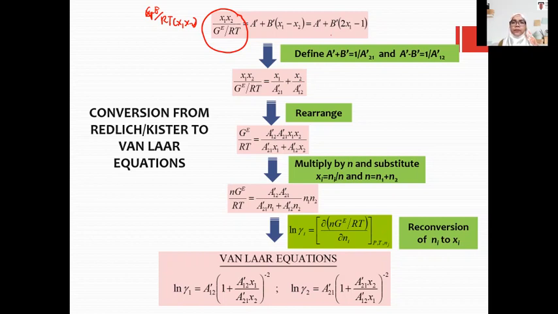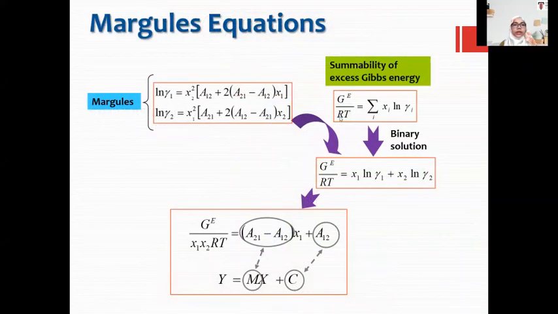Then we define A prime and B prime based on this definition, arrange it, multiply by the number of moles, and substitute with the composition. Finally we can summarize the Van Laar equation for the first component and for the second component.